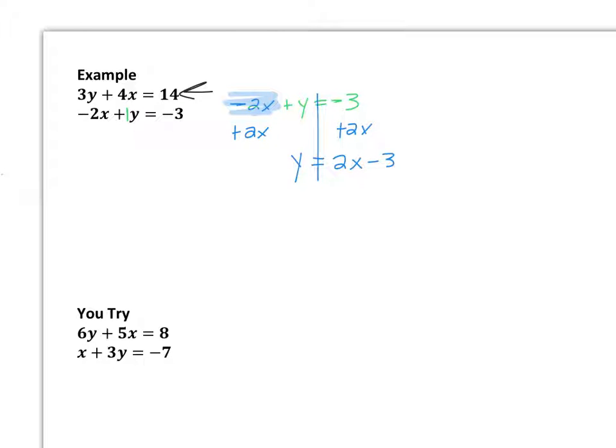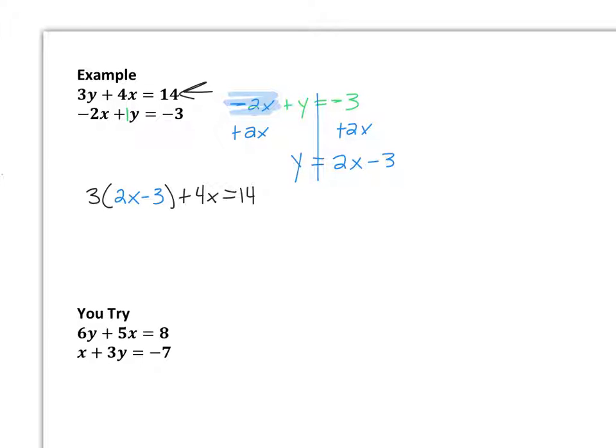So in our first equation, we had 3 times y. Well, now y is equal to 2x minus 3, so we have 3 times (2x minus 3) plus 4x equals 14.